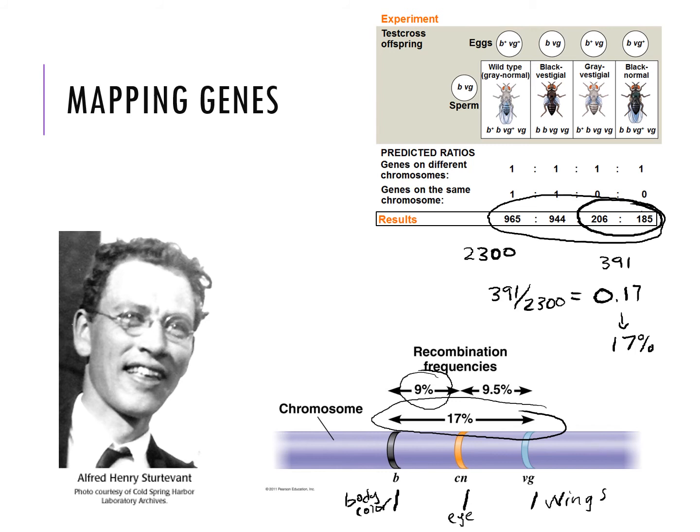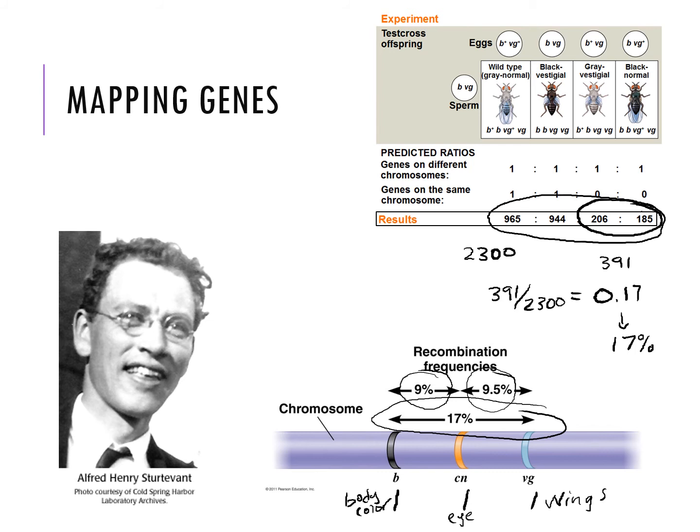And then they had to do another experiment that was following cinnabar eyes and vestigial wings and found that there is a 9.5% chance of crossing over happening between those two traits. If you do this enough, right, this is like millions of flies that you're breeding and figuring out which ones have crossing over, you can map out where the genes are along the chromosome.